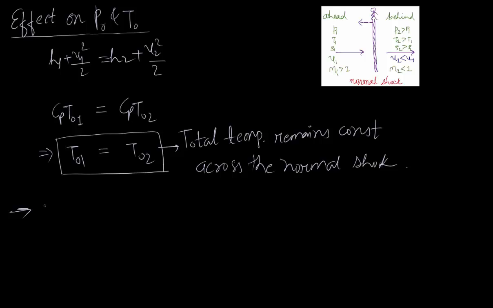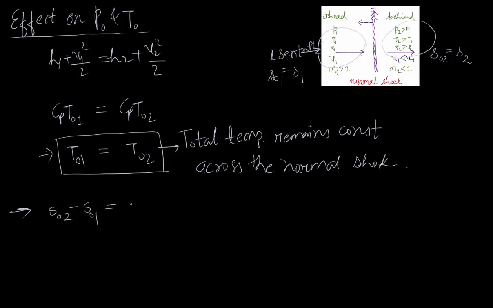We will prove it mathematically. Now let us consider S02, total entropy, minus S01, total entropy at 1. Now we know that the process ahead of the shock wave is isentropic. S01 will be equal to S1, and the whole flow behind the shock wave will be at S02 equal to S2.